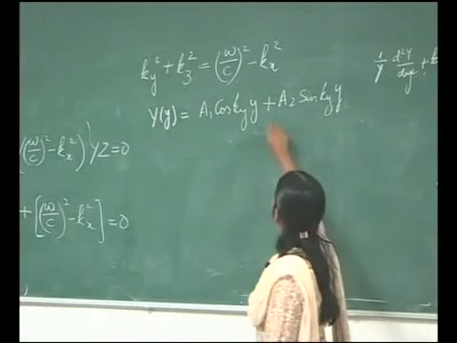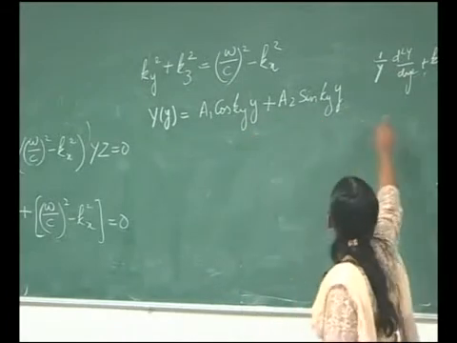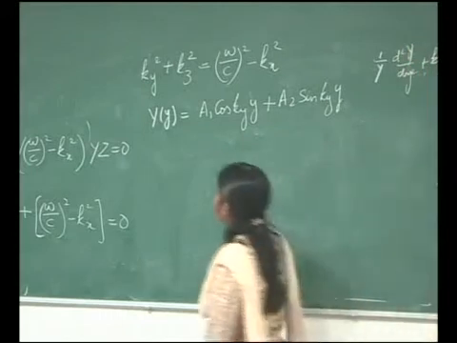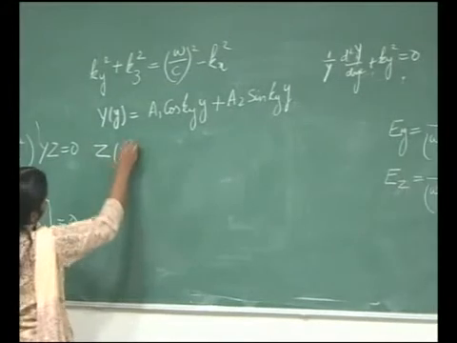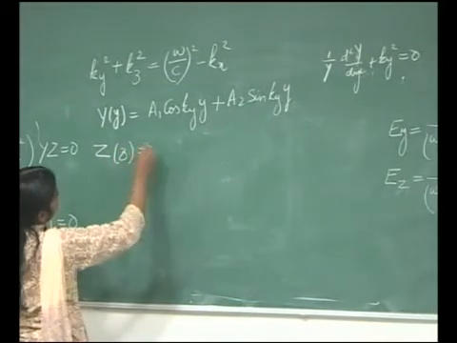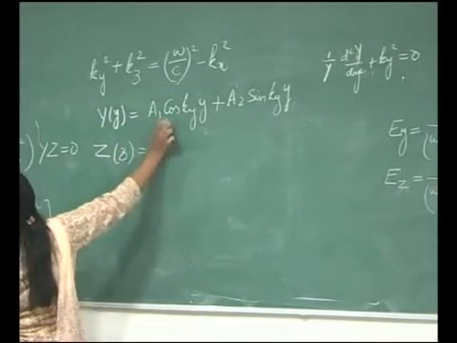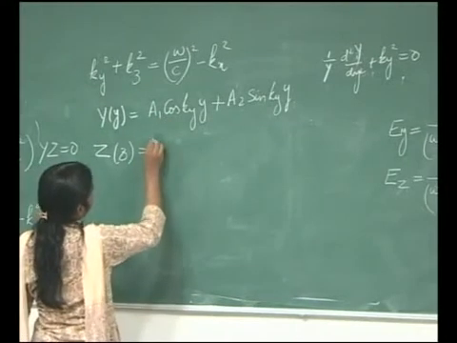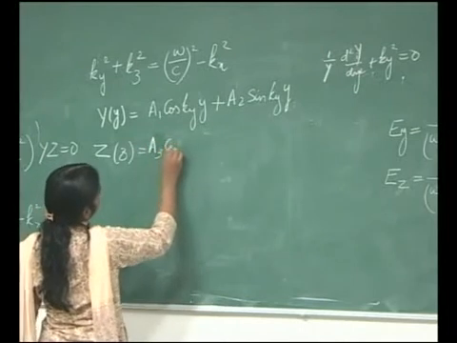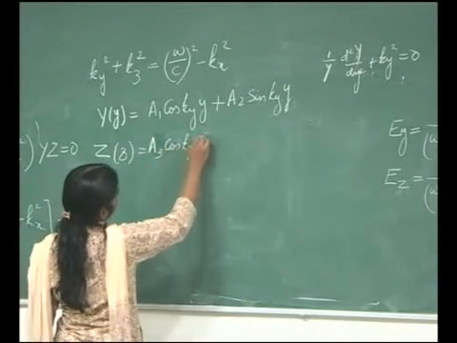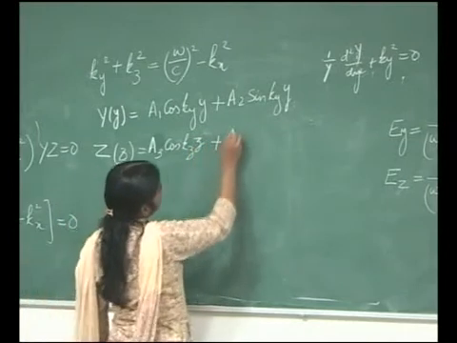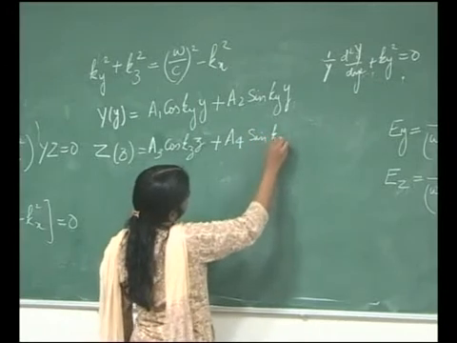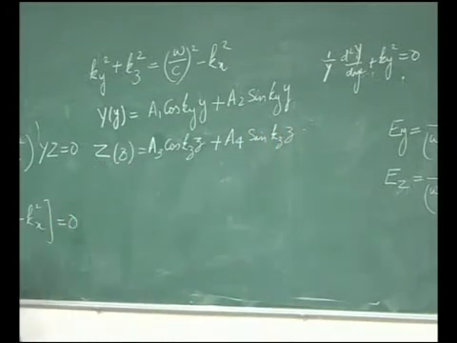Similarly, I will have an equation in z, and that will be Z is equal to, let us not take B because in this case Bx, the magnetic field, is also B. So let me take A3 cos kz z plus A4 sin kz z.